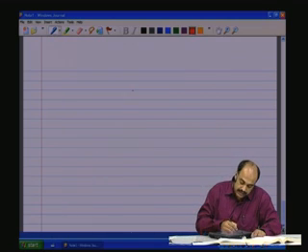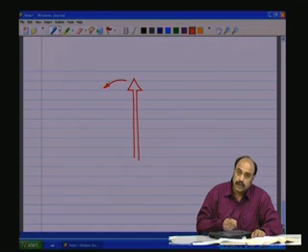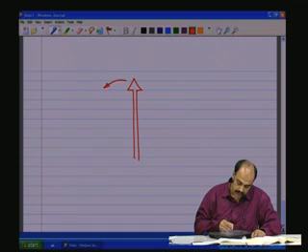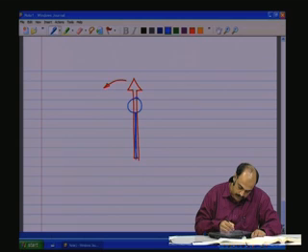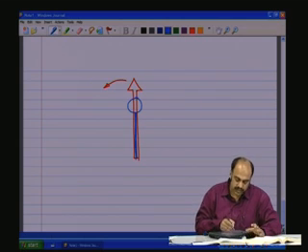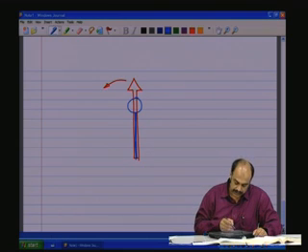When you load the synchronous machine, if I take this to be the rotating magnetic field of the stator, and if we take this as the rotor, under no load conditions, both are together and they are going to rotate in synchronism.